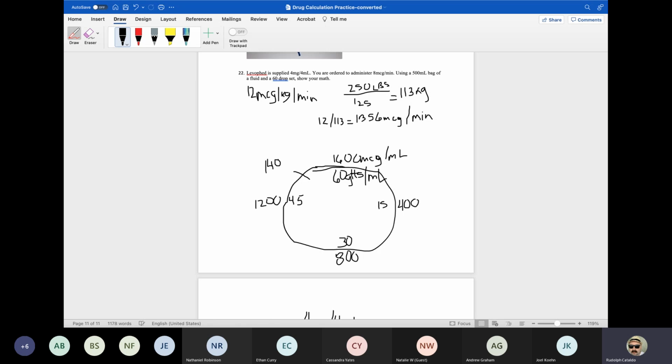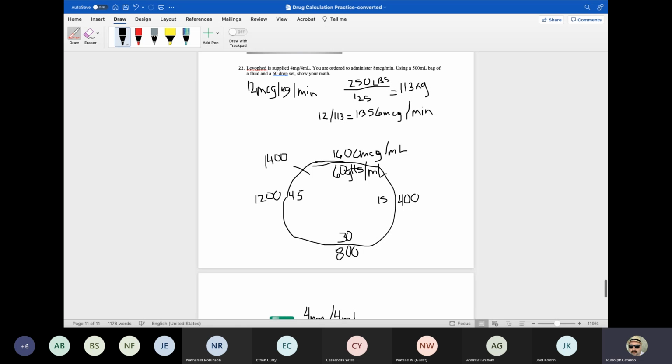So I'm close. And if I was to split 45 and 60 in half, what's half of that? 52.5. Okay. So 52.5 drops gives me 1400.